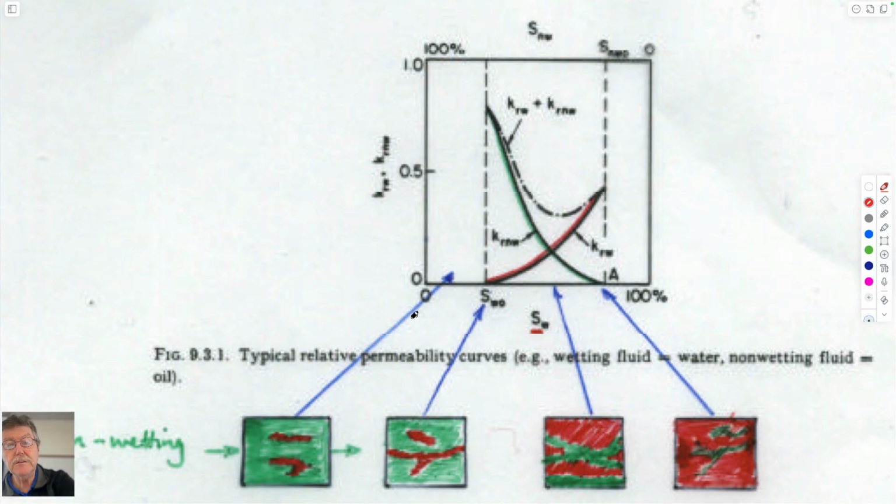So becoming a bit more sophisticated about this, our original relative permeability plots, saturation of the wetting fluid, saturation of the non-wetting fluid. So this would be vapor for us. So this would be liquid. And so what we had done before was we had plotted saturations relative to each other.